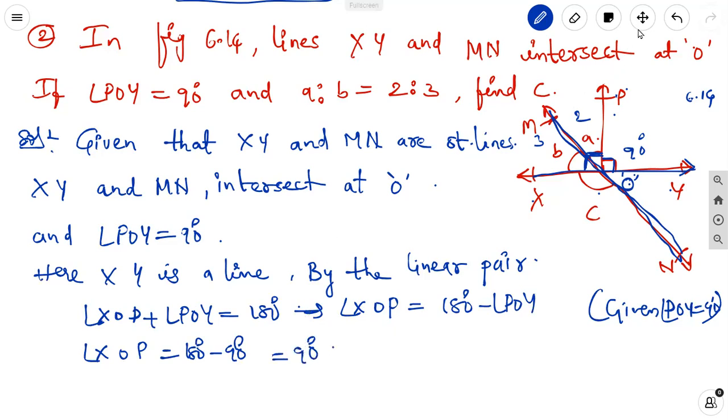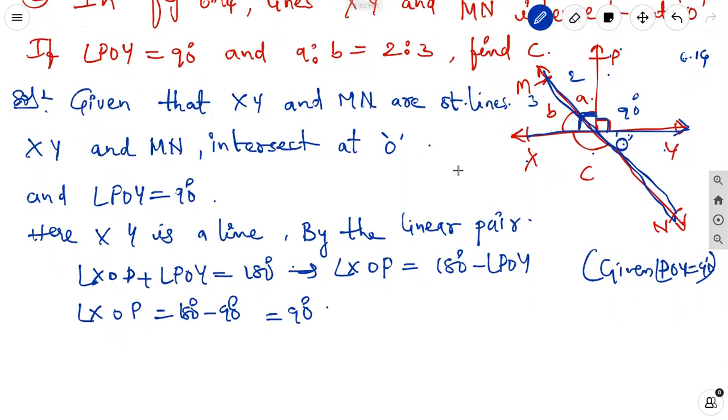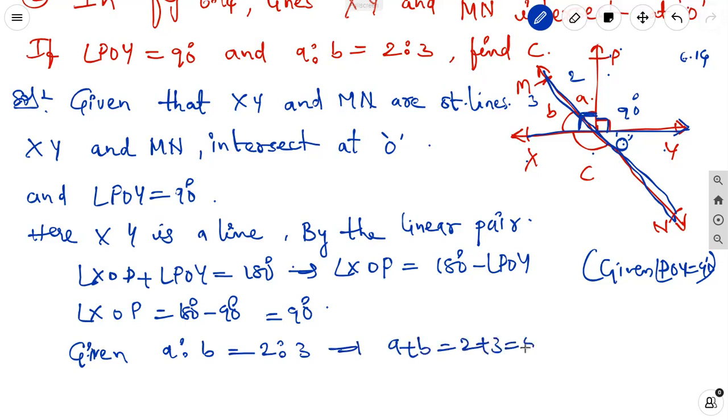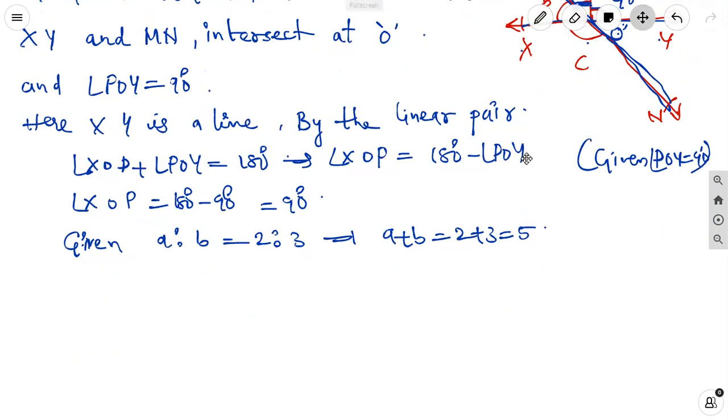Okay, then here A ratio B is given as 2 ratio 3. From this, we can calculate A plus B equals 2 plus 3 equals 5. Total parts are 5. In that, the angle XOP of 90 degrees can be divided.